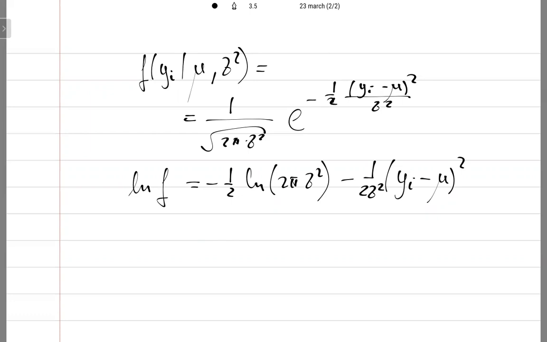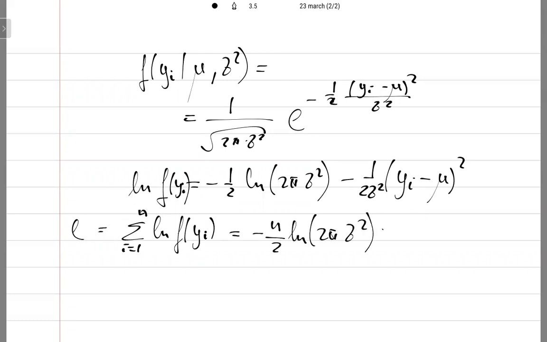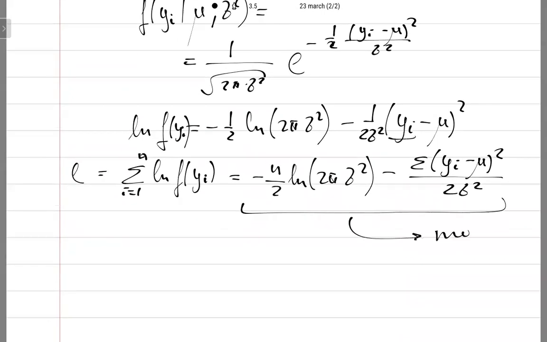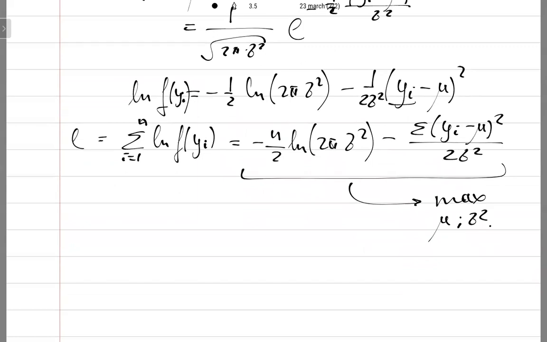Okay, so we just sum and we maximize, so we have a maximization problem. Optimization comes into play. So we take this function and we have minus n over 2 logarithm of 2 pi sigma squared minus, and here y is different, so I cannot multiply by n, but I can write the sum divided by 2 sigma squared, and we maximize this function with respect to mu and sigma squared. Okay, so now the probability part is finished for the moment.